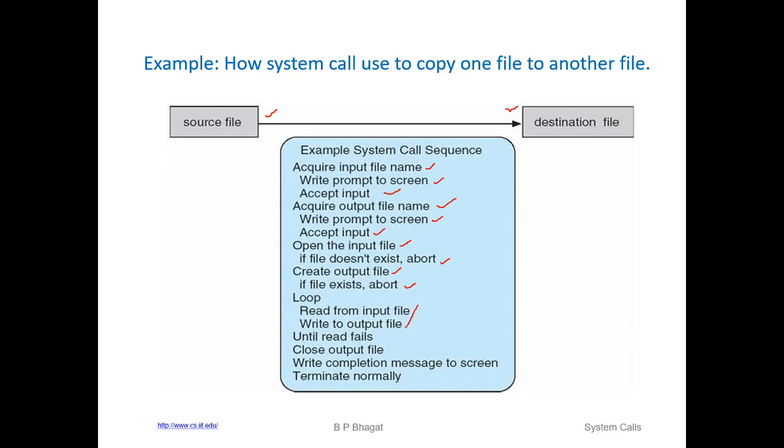This loop continues until the read fails or end of file. And finally the output file is closed. Once the file is closed, the completion message is displayed onto the screen that the file is copied successfully, and lastly the process gets terminated normally with the terminate system call.